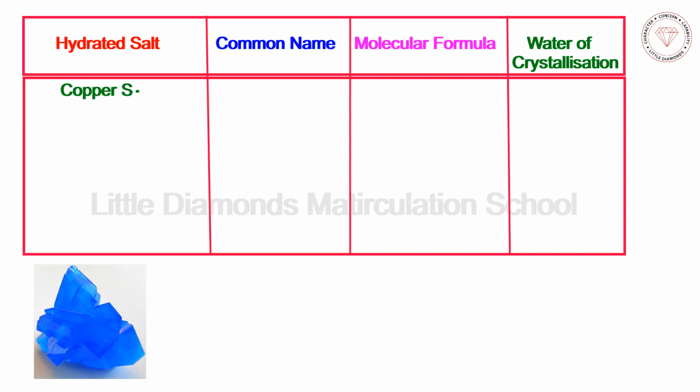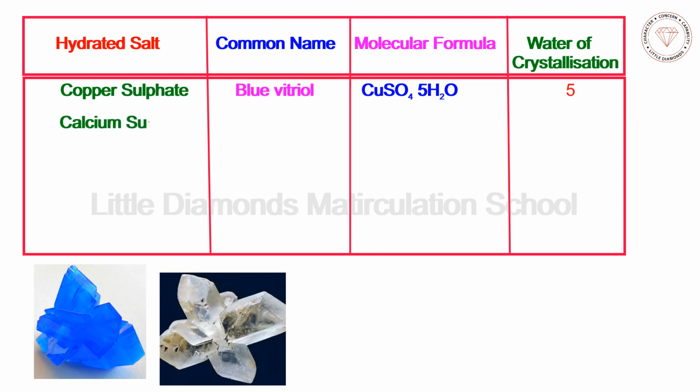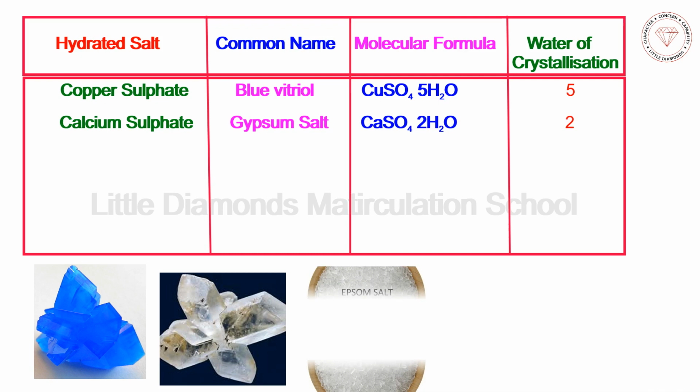Copper sulfate, commonly known as blue vitriol, with the molecular formula CuSO4·5H2O, water of crystallization is 5. Calcium sulfate, commonly known as gypsum, CaSO4·2H2O, has 2 water of crystallization.